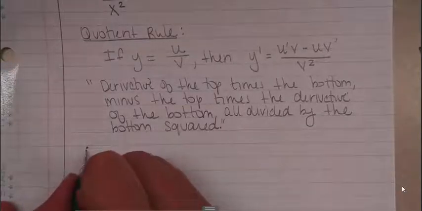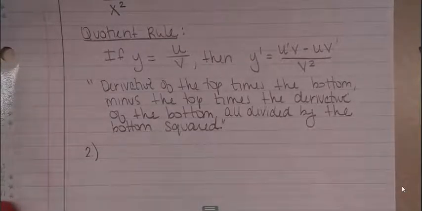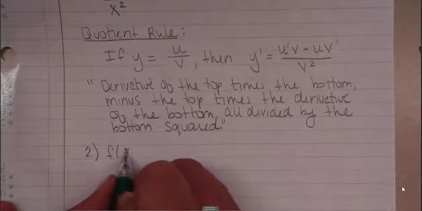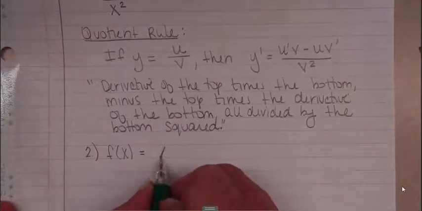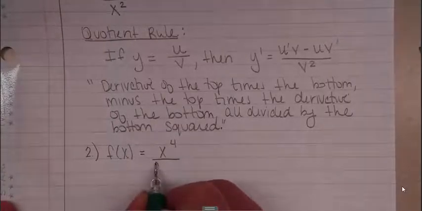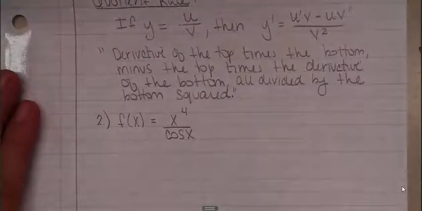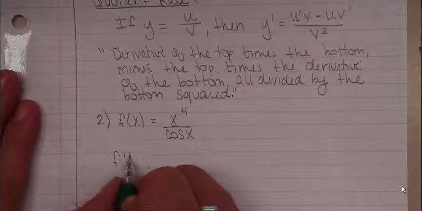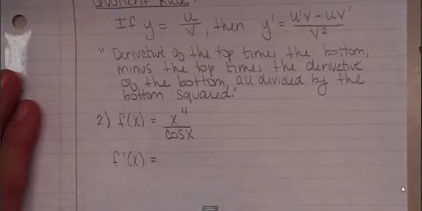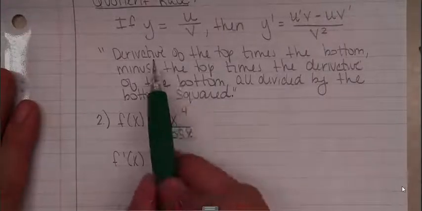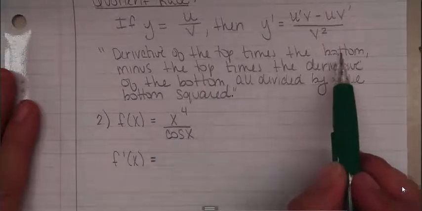I'm going to try number 2 from this section. You have f of x equals x to the 4th power over cosine of x, and I have to figure out the derivative of this. So this is going to be f prime of x. I'm going to take the derivative of the top times the bottom.